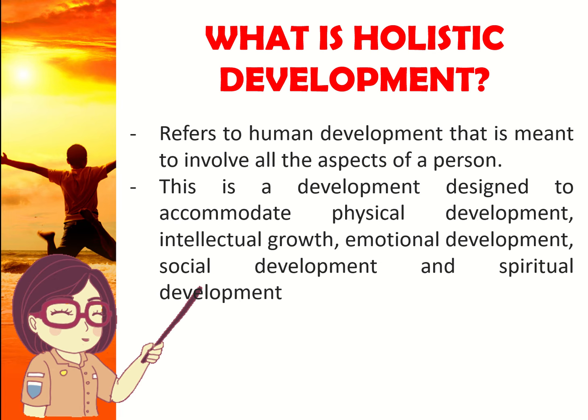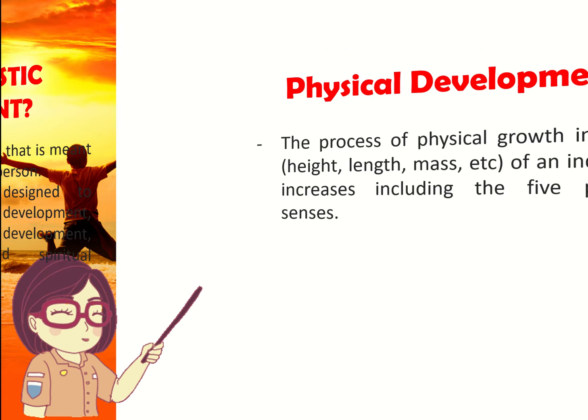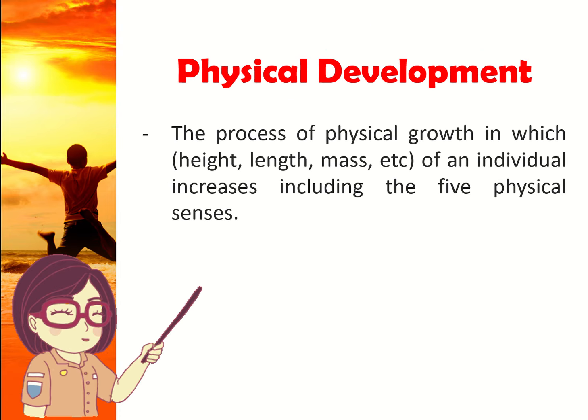So, those are the different aspects nga atong i-discuss in relation with developing a person holistically. Okay, so now let us start with physical development or the physical aspect. So sa physical aspect, it's the process of physical growth in which your height, your length, your mass, or etc. na mga changes. Diba?